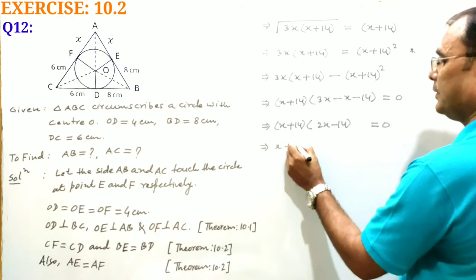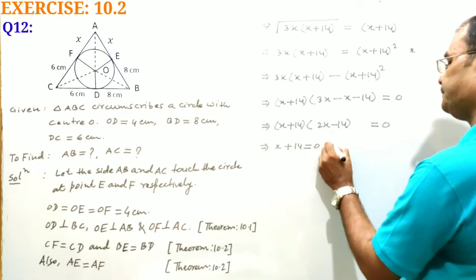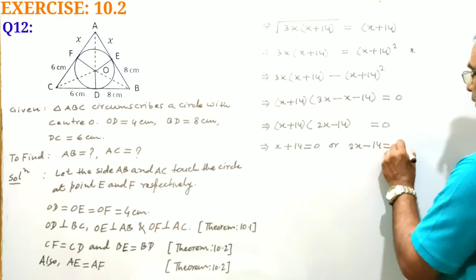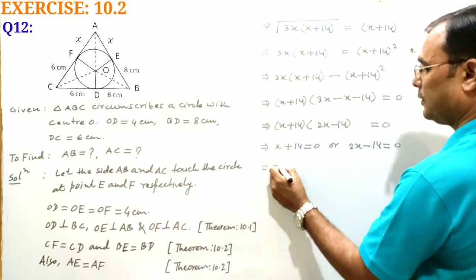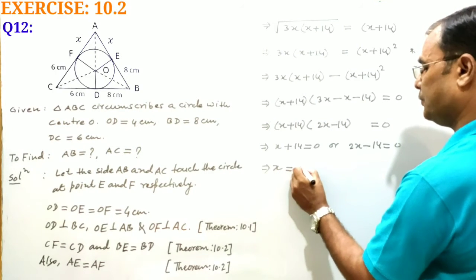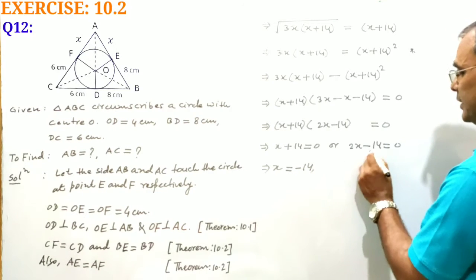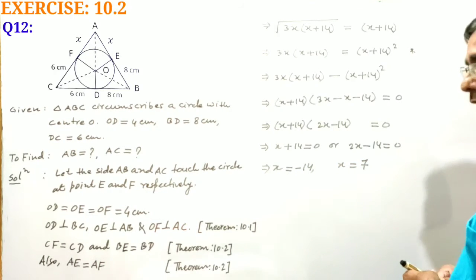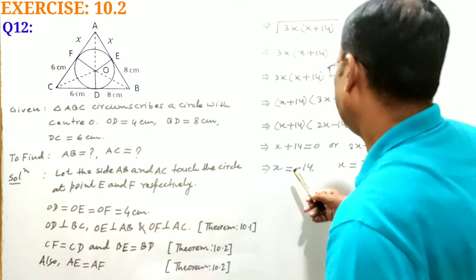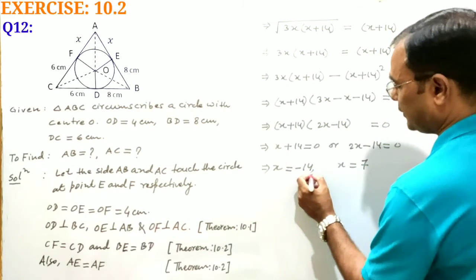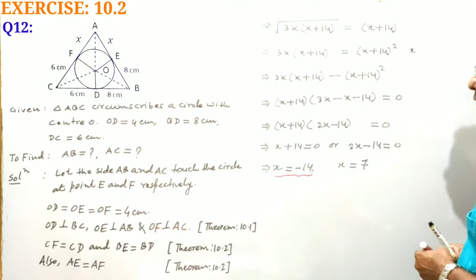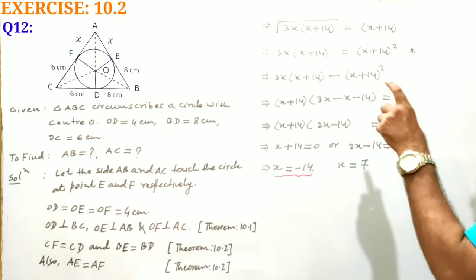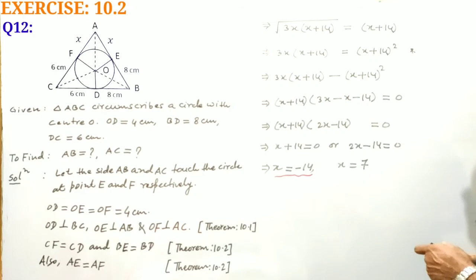So when you put first factor 0, you get x equal to minus 14, and from the second factor you get x equal to 7. Here minus 14 as a value of x is not a valid value, because x is AE and AF, lengths of equal tangents.